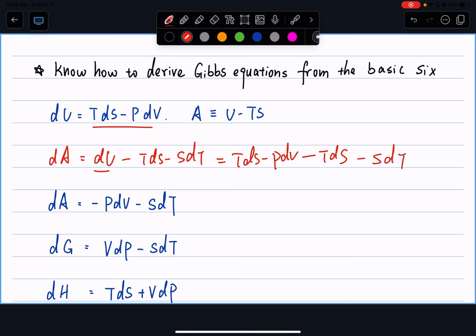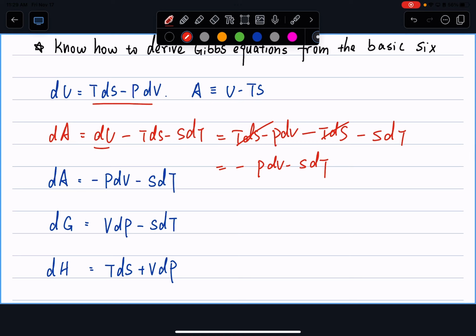Some of the terms cancel out, and we get negative PdV minus SdT. It is okay if you just use it directly, but the derivation itself is not hard. It's just plugging in. By doing that for all the state functions, you get an expression for the derivative of these state functions.